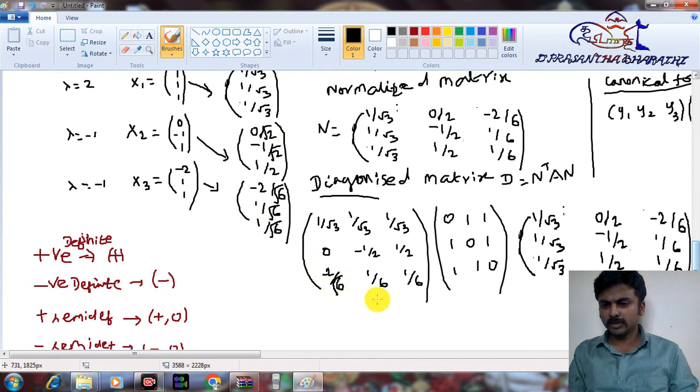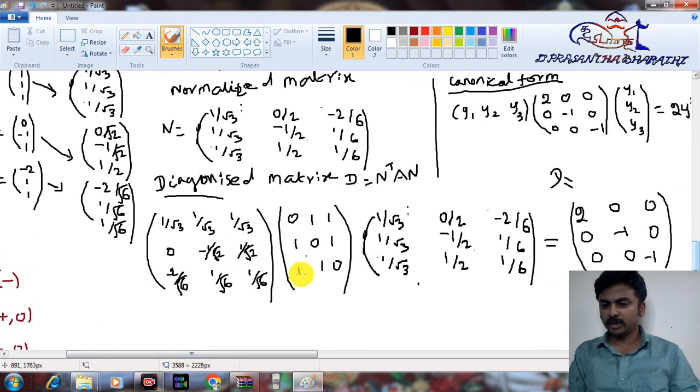So here everything is root. Sometimes mistakes are unavoidable, but we have to get the resultant diagonalized matrix in the right way.